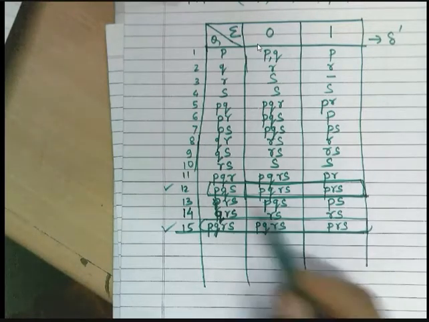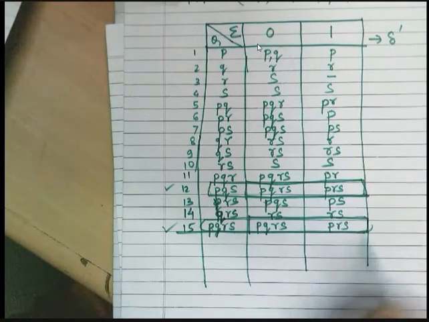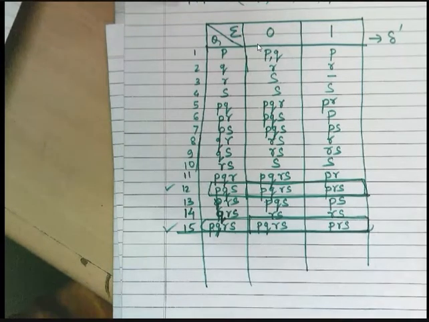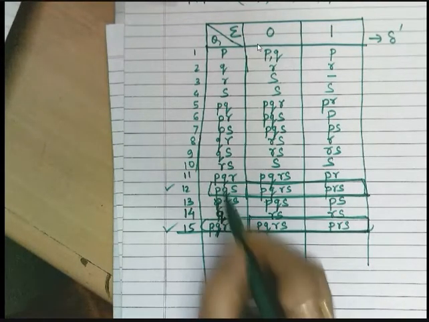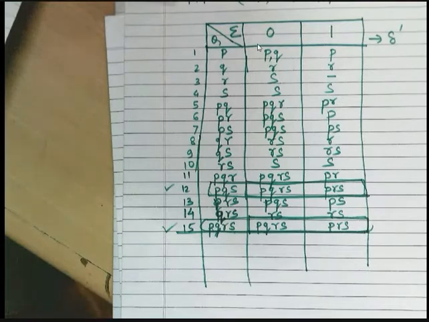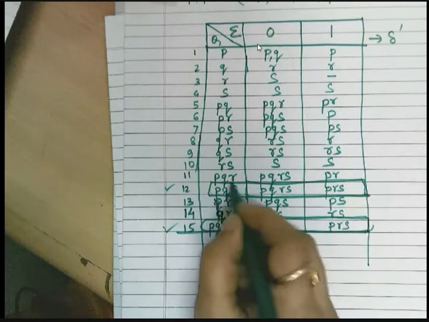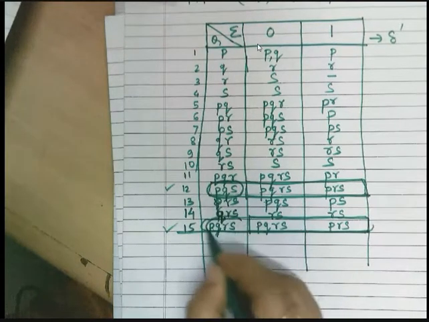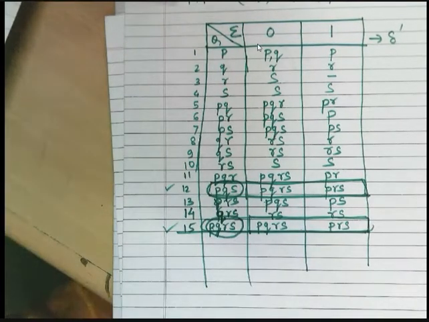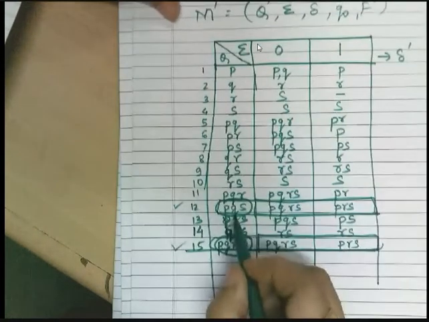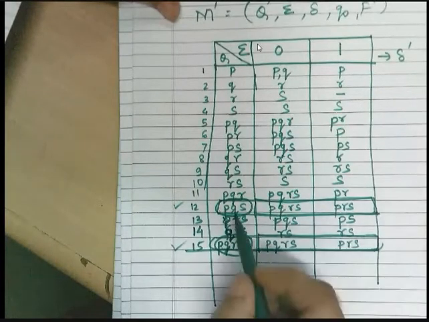Second thing, when you are trying to tell that the states are equivalent, it is necessary that the left hand side states must be either both non-final states or both final states. If they are of the same type, then and only then will you say that they are equivalent.